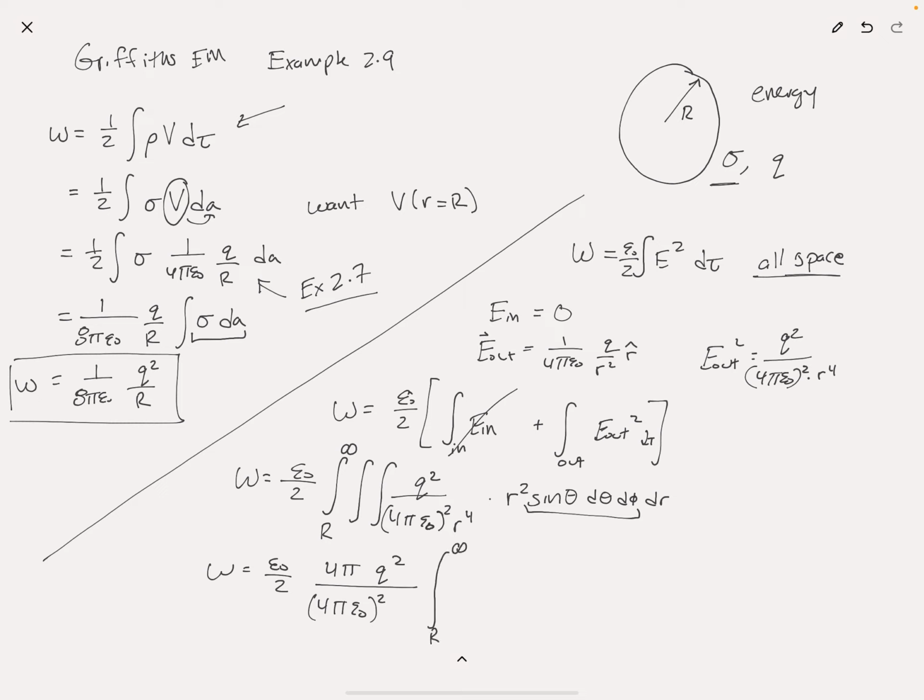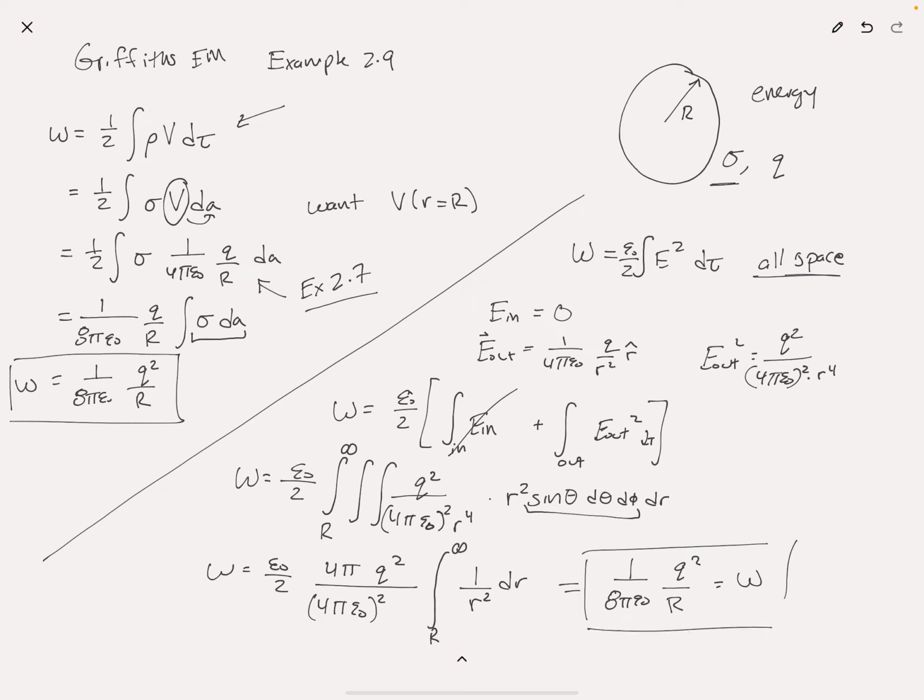R squared over r to the fourth is 1 over r squared dr. That can be evaluated, and we get 1 over 8 pi epsilon naught Q squared over R. Those are exactly the same, as they should be.